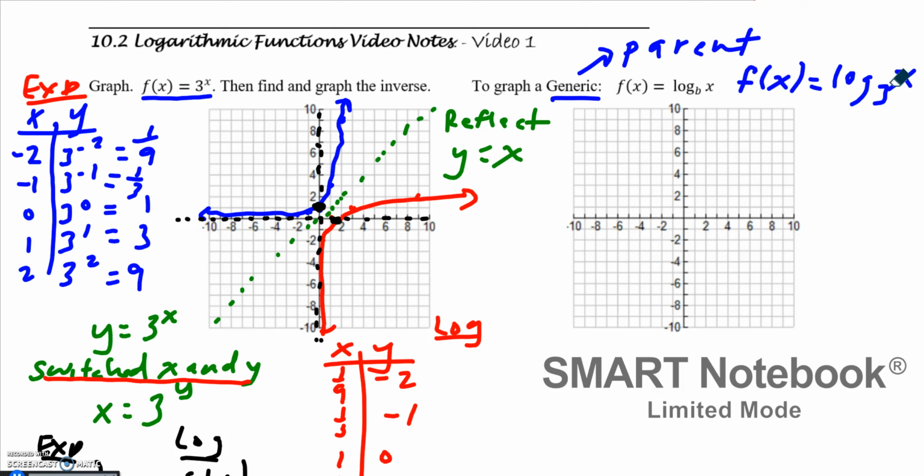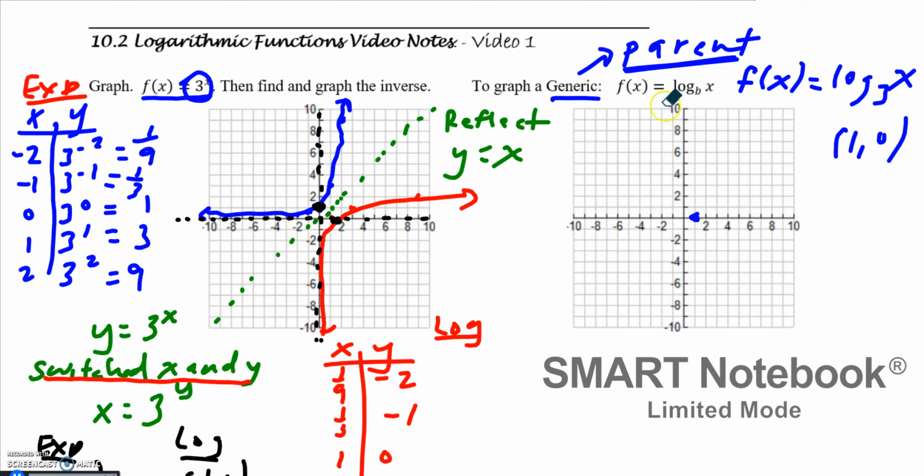But I'd like for us to look at the red graph. If you have a generic log graph, the reason I picked log base 3 here was because I was given 3 to the x over here. Please note that this red graph went through the point 1, 0. So every generic parent function of a log graph is going to go through the point 1, 0.